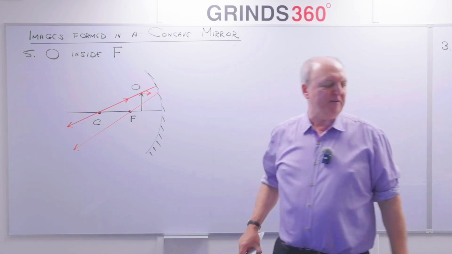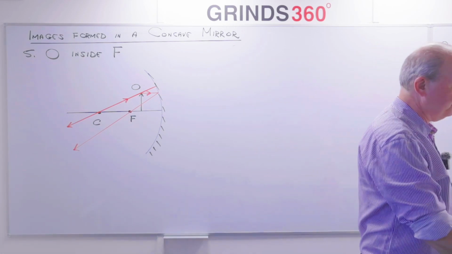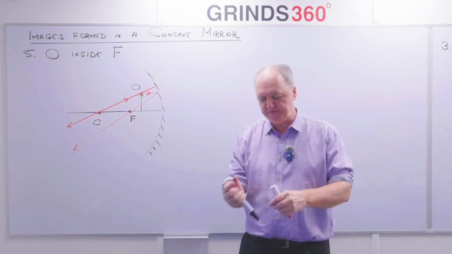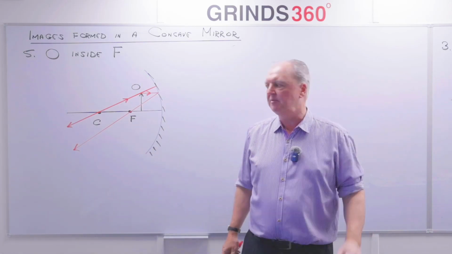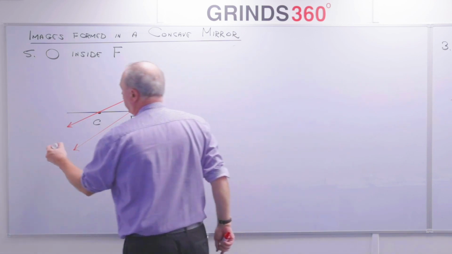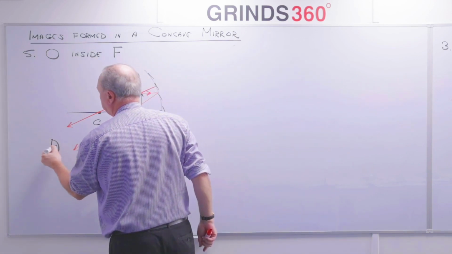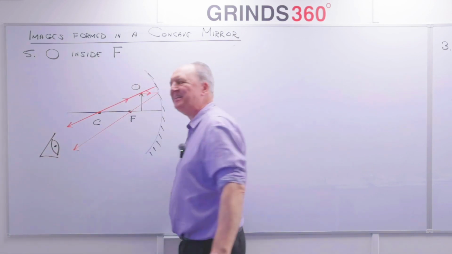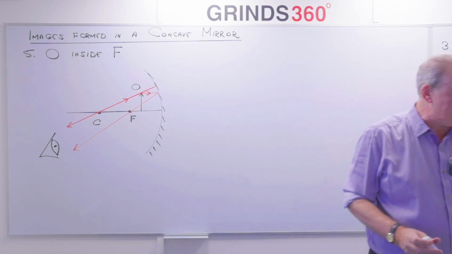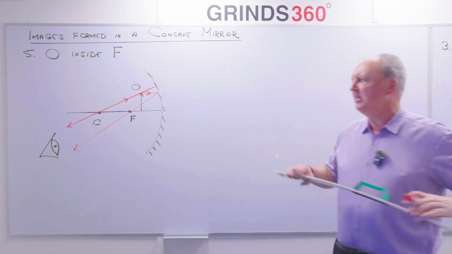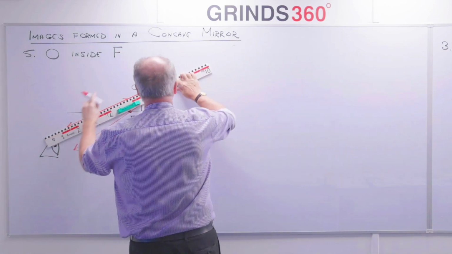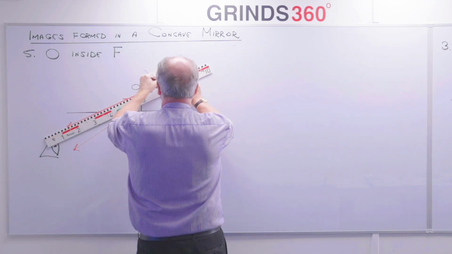So have a look at those two rays of light there. These two rays of light will never meet to the left. They are diverging. However, like we said in the plane mirror, if I get somebody's eye here, their mind's eye, they're going to work those rays backwards. So in their mind's eye, these two rays of light will be worked backwards, and they will appear to meet somewhere back here.